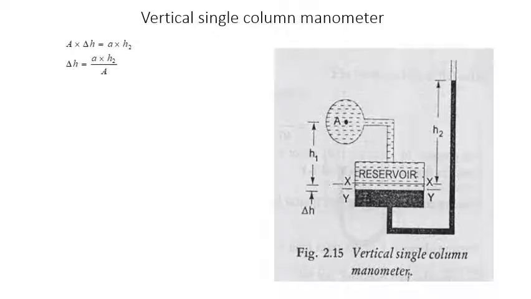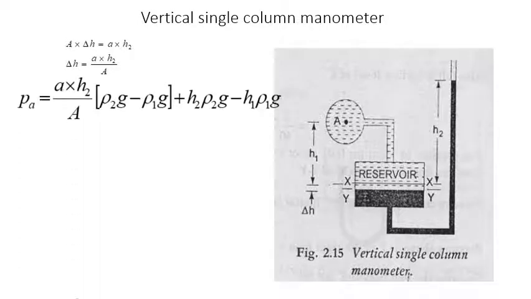Now, we already derived that delta h is equal to small a into h2 by capital A. So now P of A is equal to small a into h2 by capital A, into rho 2 g minus rho 1 g, plus h2 rho 2 g minus h1 rho 1 g.